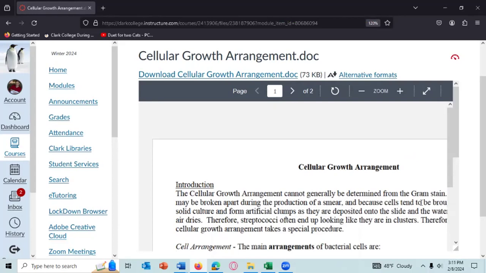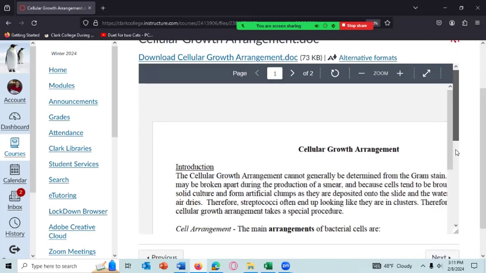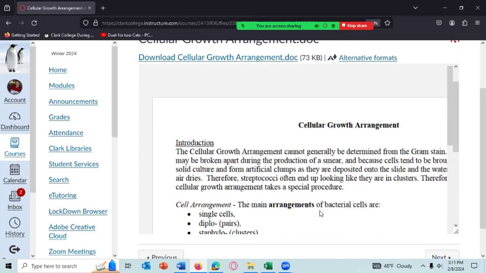And so clumping is very common in the gram stain. And then another thing is, when you're making the gram stain, you're not being terribly gentle. The streaking around tends to break the streptococci or the streptobacilli. And so the strepto, either cocci or bacilli, tend to be broken in the gram stain. So you cannot generally tell the cellular growth arrangement from the gram stain.